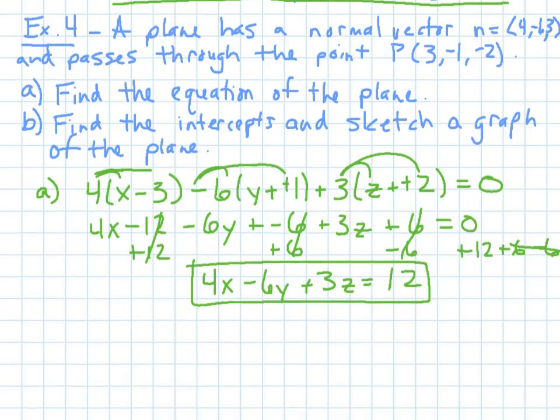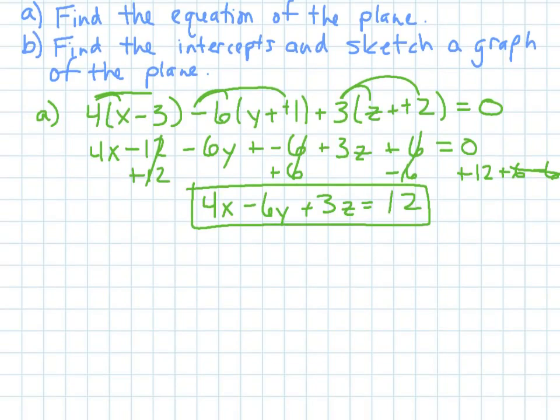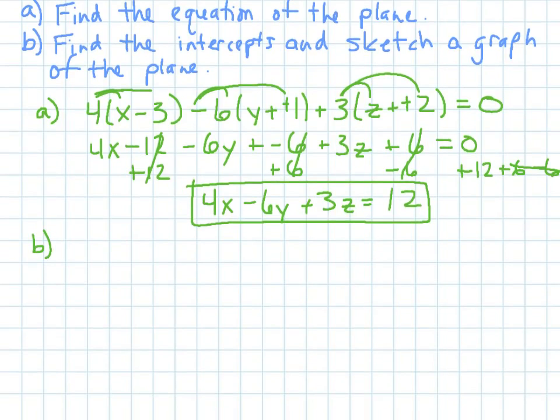Okay. Now for letter B, I want to be able to find the intercepts and then sketch that graph. Okay. So for letter B, to find an x-intercept, just like it sounds, it has to pass through the x-axis, so that means that y and z are going to be 0, kind of like on a 2D plane.